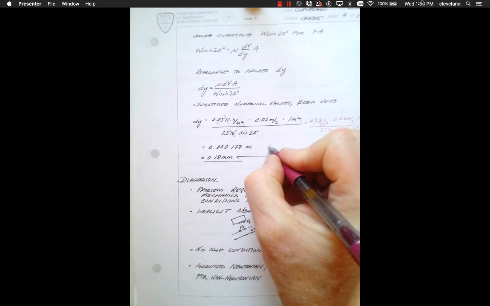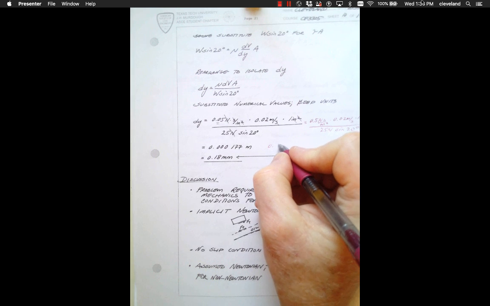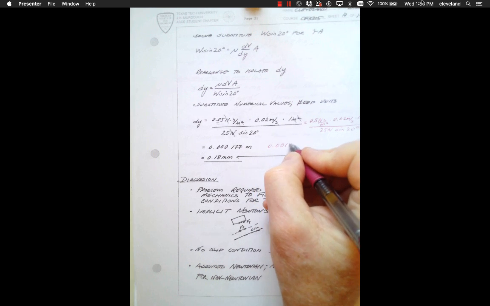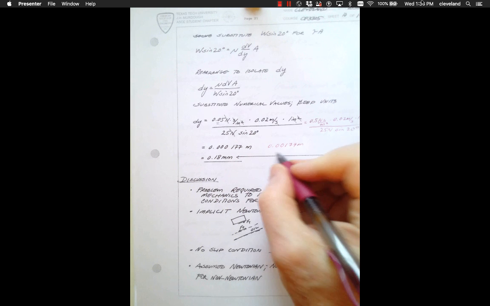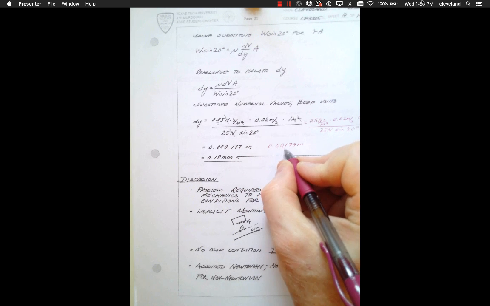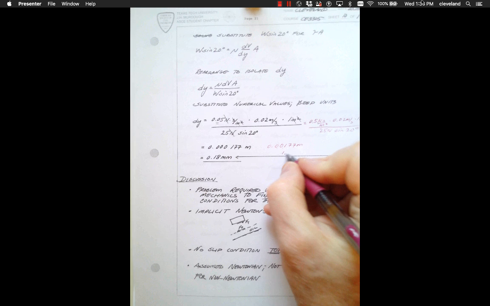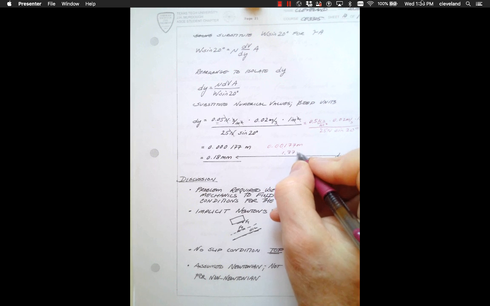The value comes to 0.00177 meters, which is about 1.77 millimeters. That would be the oil thickness.